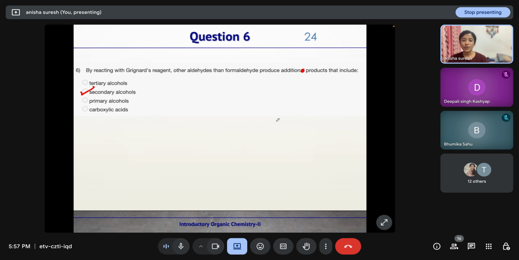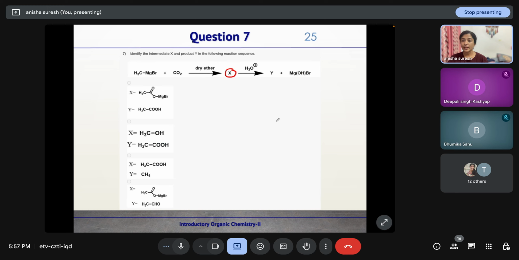Both are attached to magnesium. So what will be the X and Y that are formed here? Option A, ma'am.